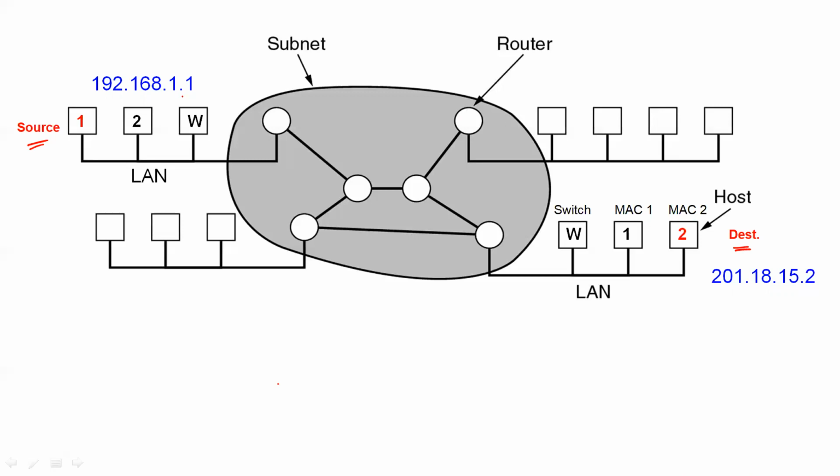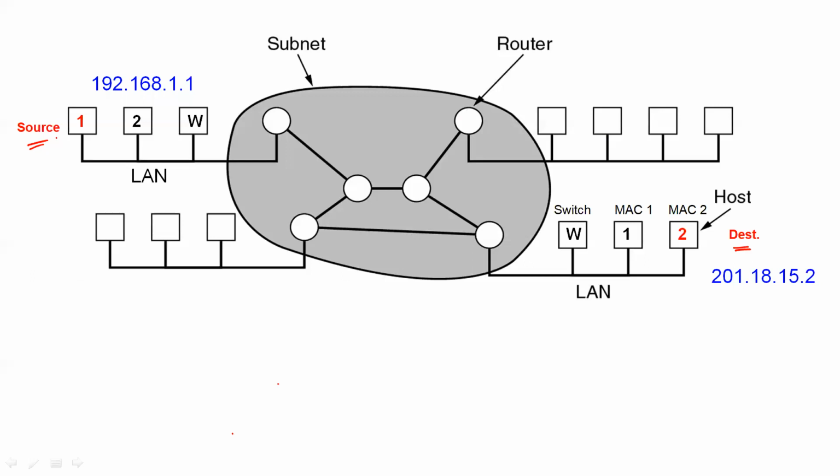Remember that we are not supposed to use the word point. IP addresses are represented in dotted decimal format, so we should read the IP address as 192.168.1.1.